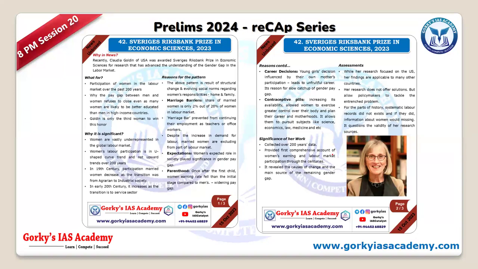Okay, she collected 200 years of data, that is during pre-industrialization and post-industrialization, especially with the idea of understanding the labor market and how the labor market has a gender gap and why this particular gender gap is always present. So she had this data analyzed, and she collected it from the US and various sources, and she started analyzing the reasons.